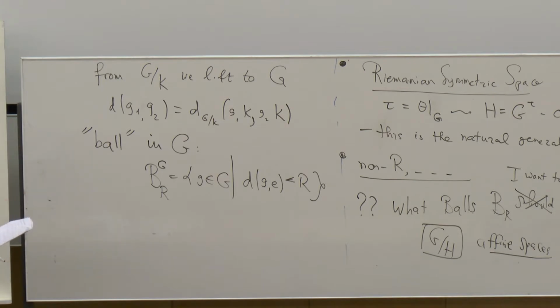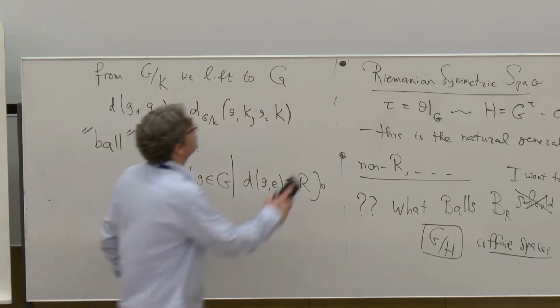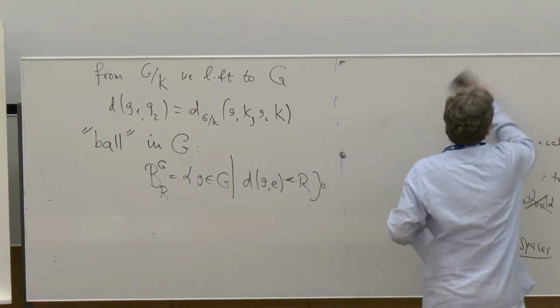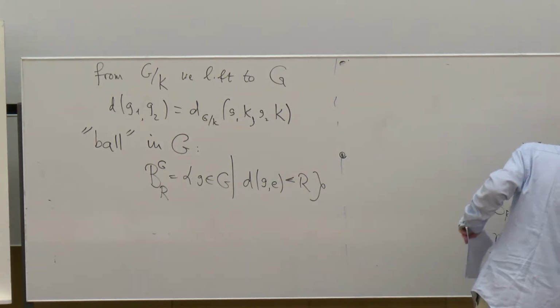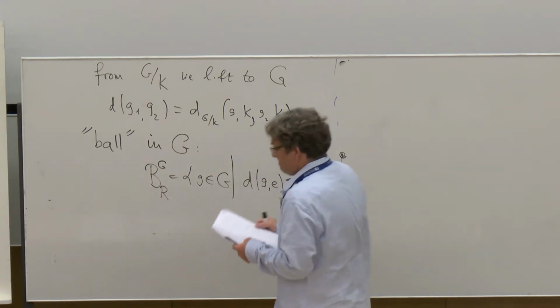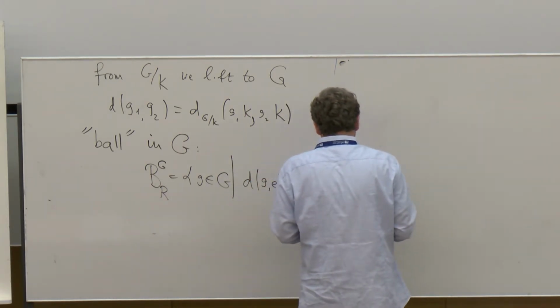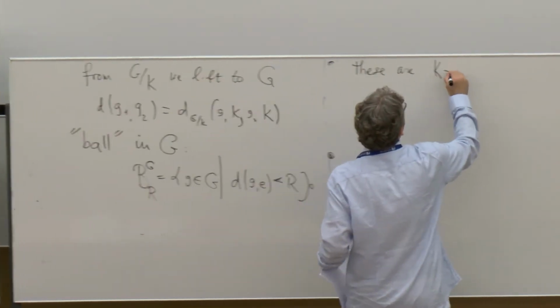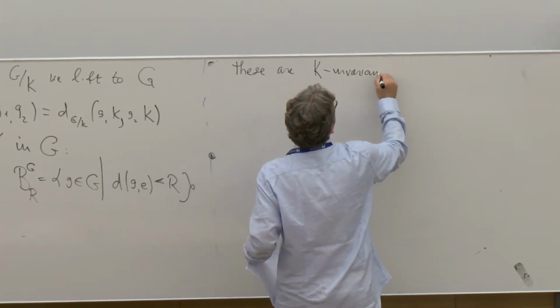Now I want to use projections in order to get to the space Z. So these are K invariant and symmetric.